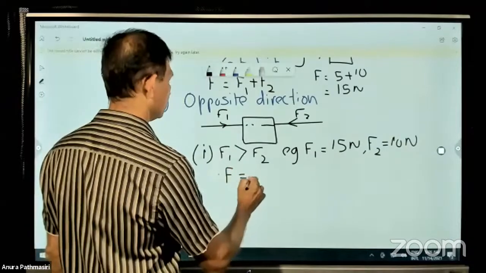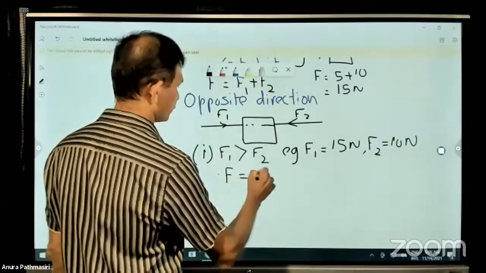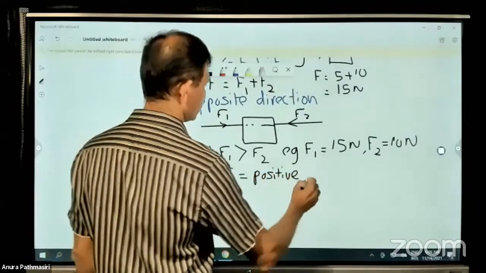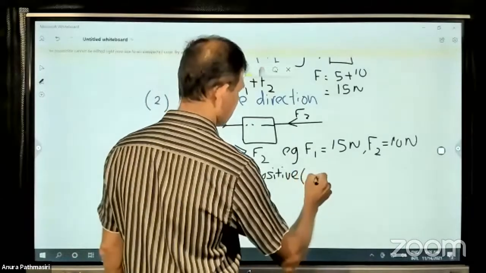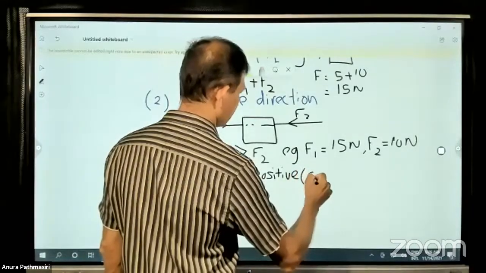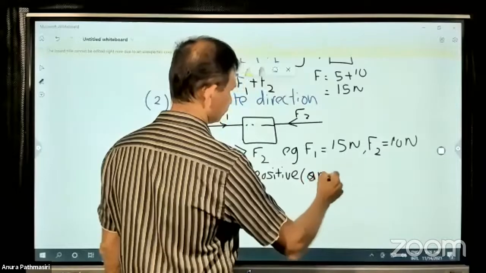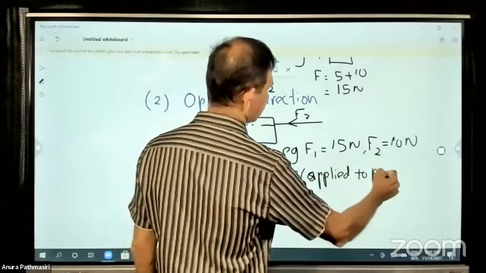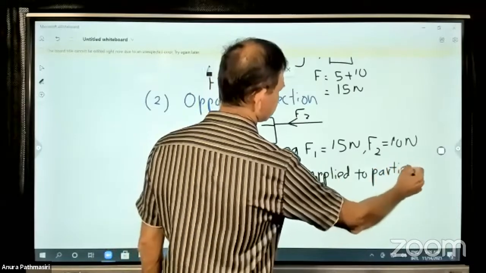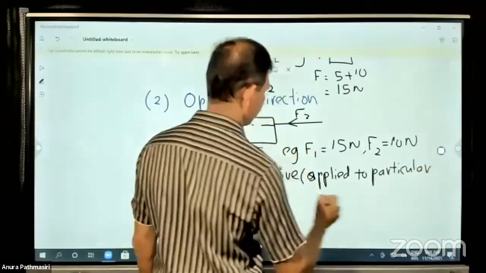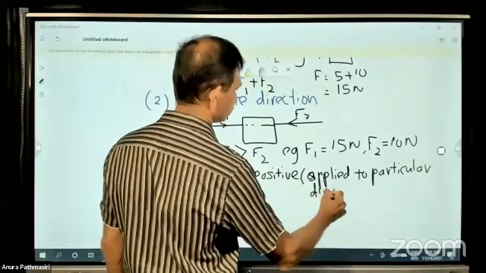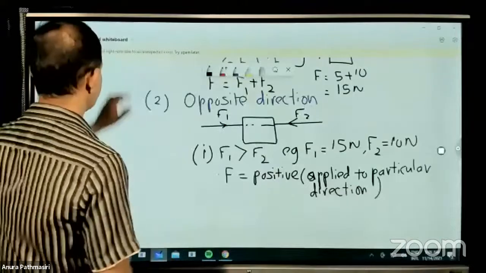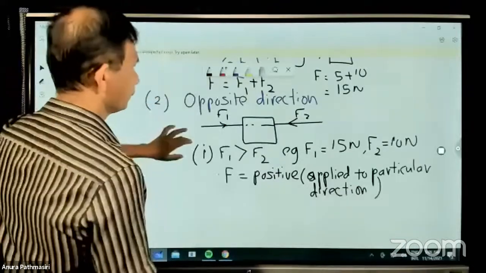F is a positive value. Positive means applied to a particular direction.